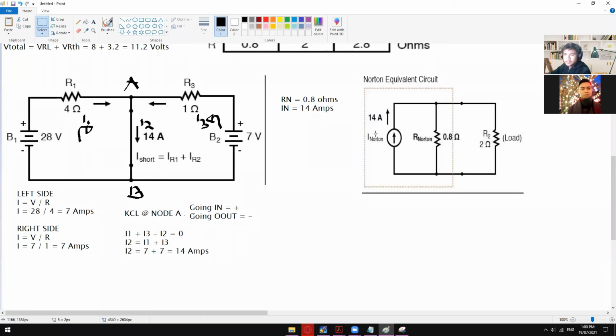So were you guys able to follow? Yes, sir. Okay, super easy with the use of Ohm's law. Well, that depends on the circuit. In here we can simply apply Ohm's law, since we can easily identify the current on the left side, the same with the right side, and then just combine them, and you will have 14 amps.